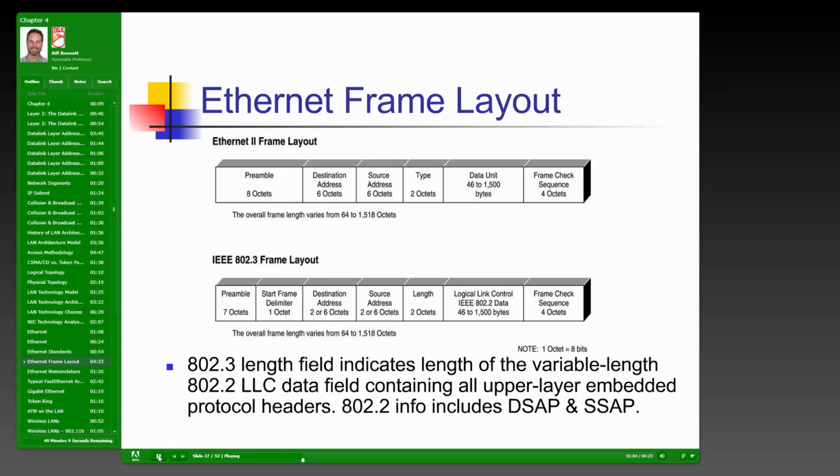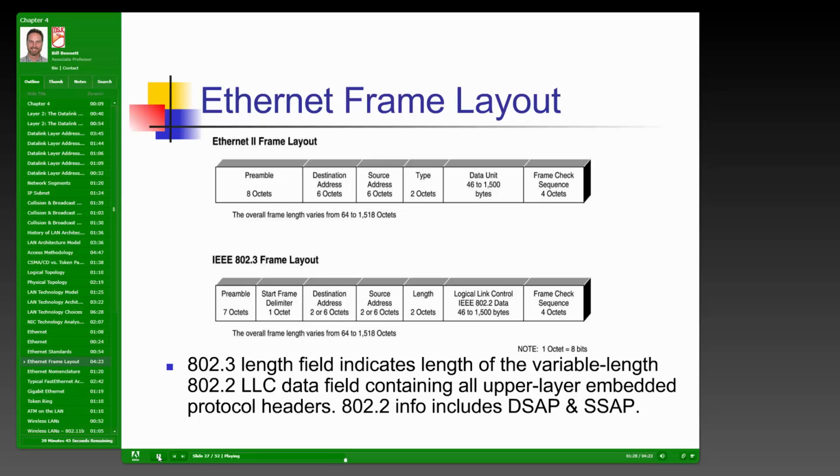The type field basically indicates at the network layer what protocol is going to be utilized. So is it TCP/IP, is it IPX/SPX? That way the network interface knows which protocol to load up and process the remaining data inside of the frame here.